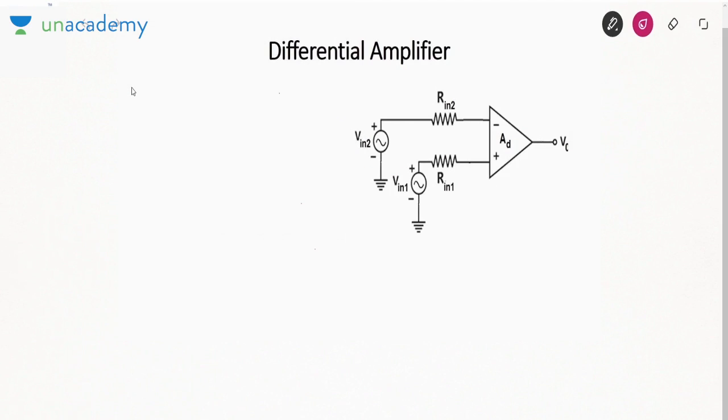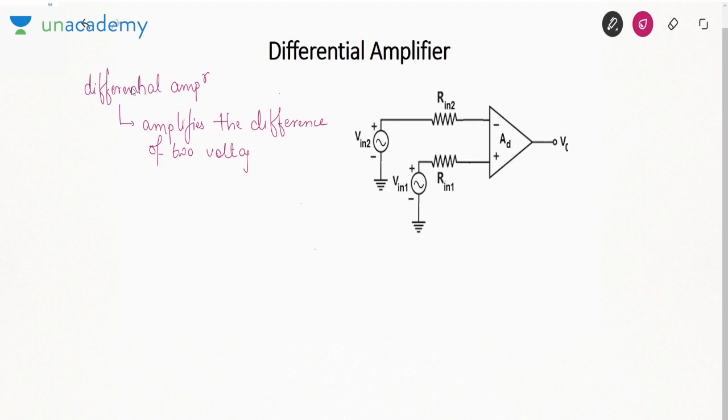So the first configuration is called differential amplifier. In BJT also we talked about differential amplifier. So differential amplifier, what does it mean? It means it amplifies the difference of two voltages.